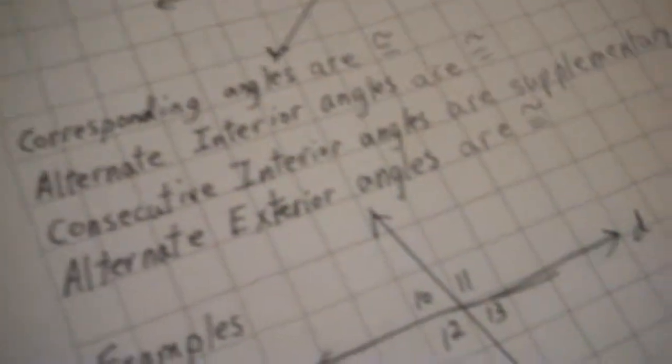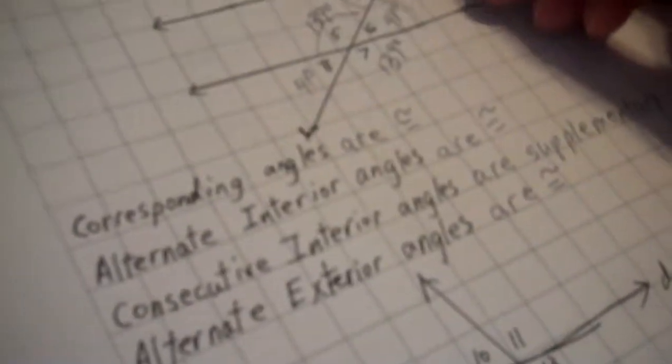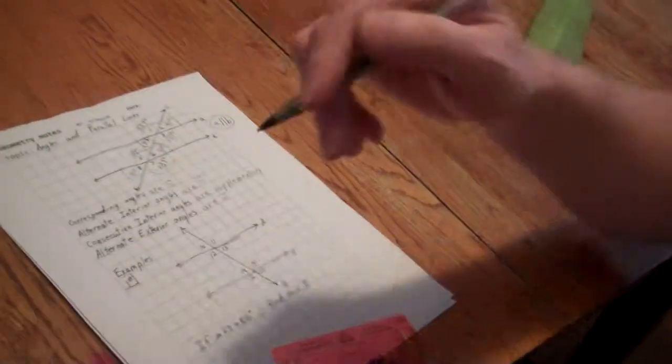Alternate exterior angles are congruent. Now these are all theorems, but we're just going to summarize that they are. So this is 41 degrees. This is 139 degrees because vertical angles are congruent. Vertical angles are congruent. I think we're safe here.